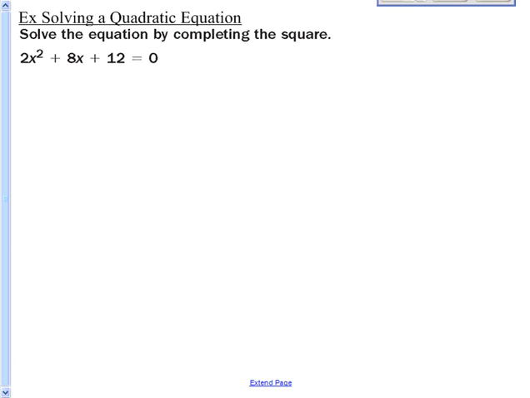Okay, let's do another one. Now you notice this time a is not 1. So I have 2x squared plus 8x plus 12 equals 0.